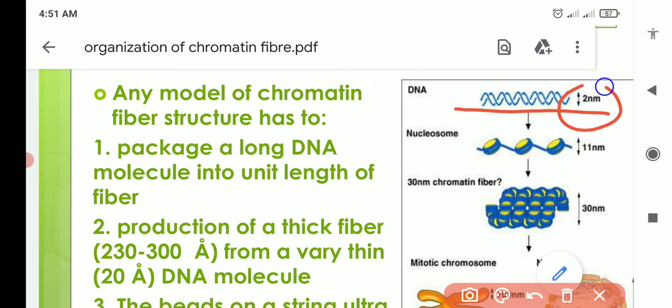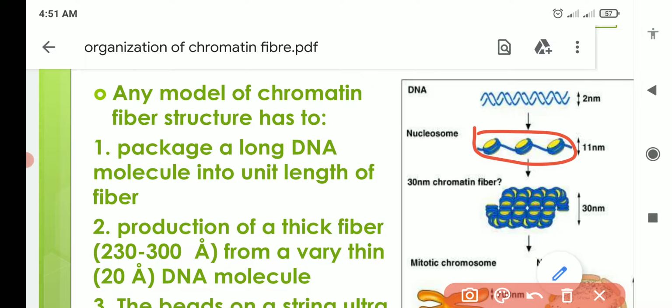By packaging of this DNA around the histone proteins, the histone octamer, it will get 11 nanometer width.